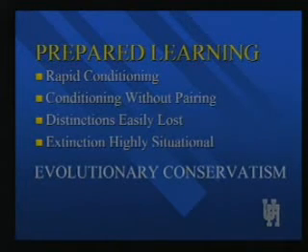It's good to not require direct pairing, to be able to make associations of one thing that happened and a consequence somewhat later. It's safer to be afraid of all snakes than to say, gee, I've never seen that kind of snake. That's probably okay. Better to be afraid of the novel snake as well.